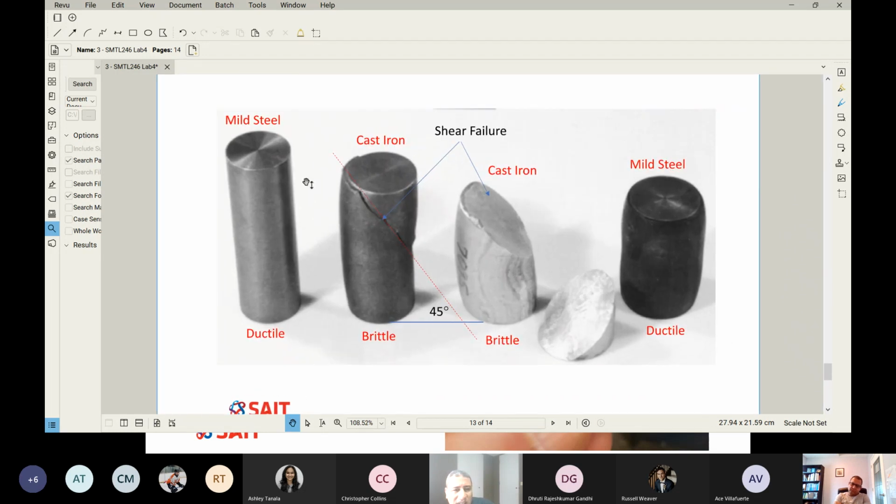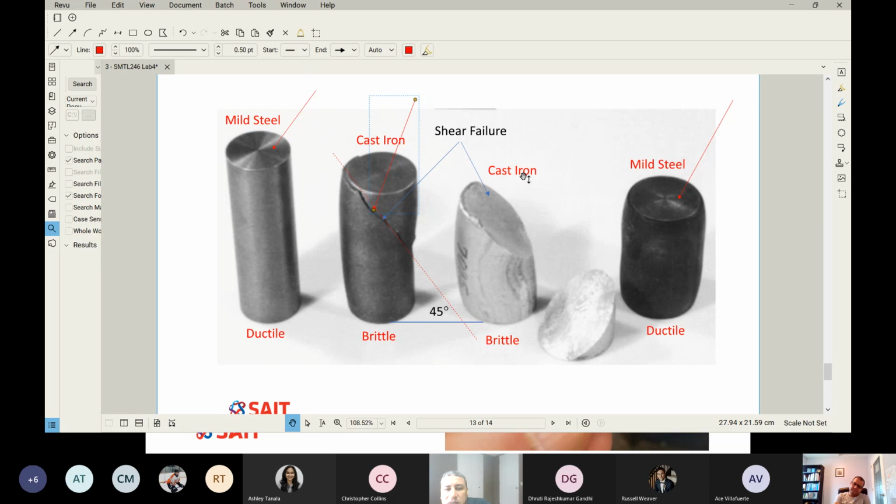Here we go. This is a specimen of mild steel before the test, and here is after the test. You can see there is no fracture. It keeps shortening, very ductile, and just gets more cross-section area. How about cast iron? Cast iron is very brittle, and it fractures at an angle of 45 degrees, which we call shear failure.